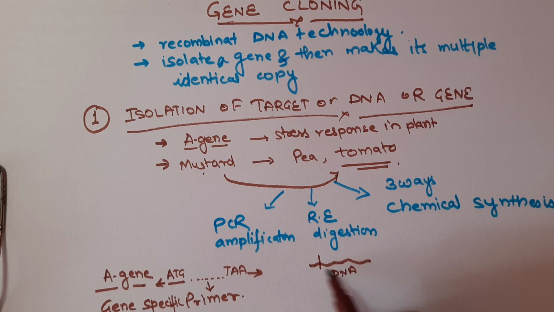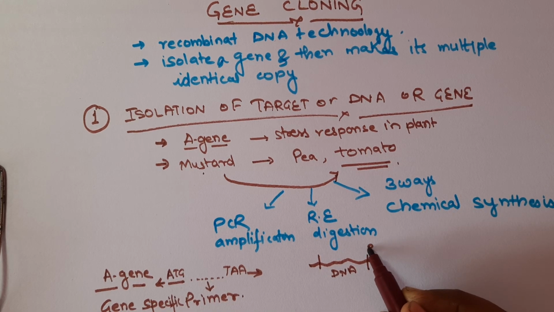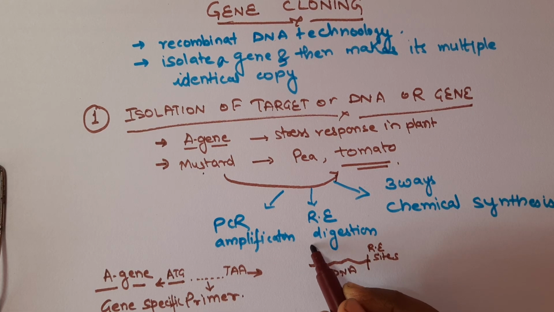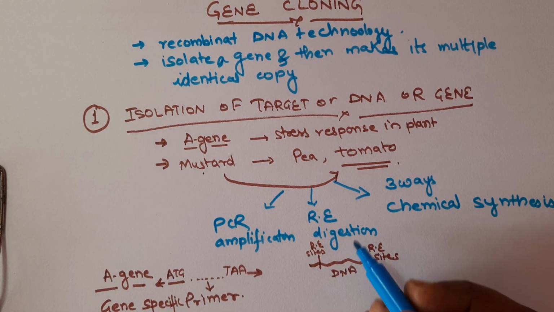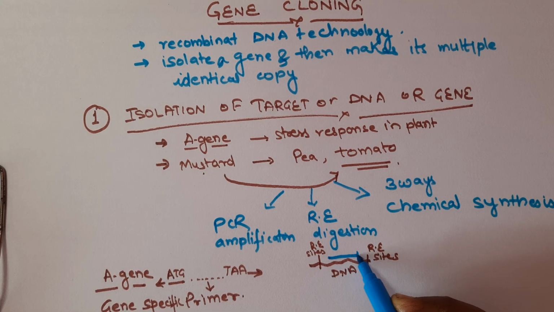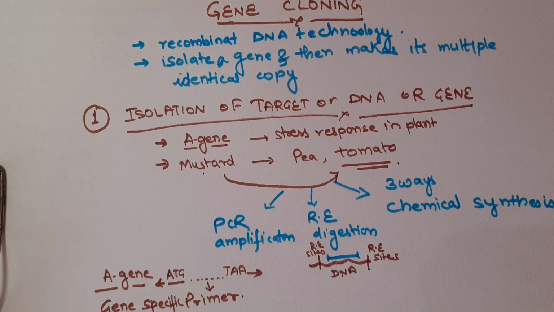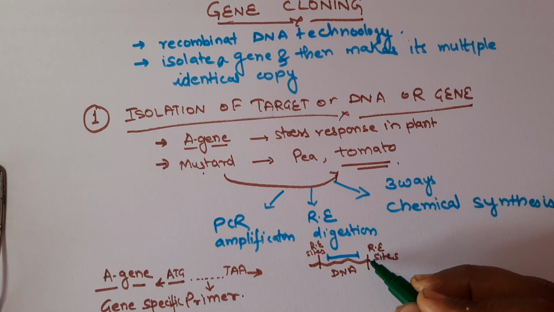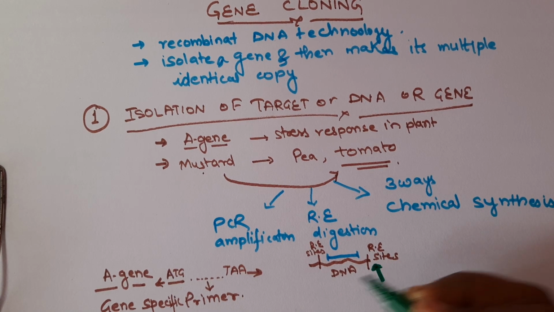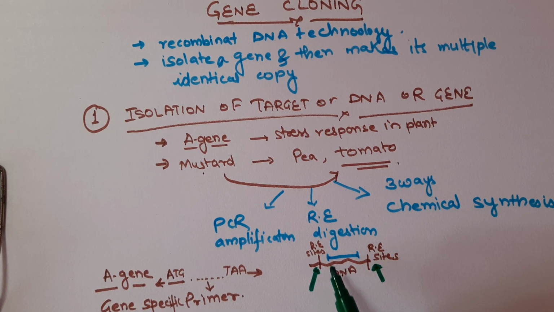Now we have here restriction enzyme sites, and our gene of interest is, suppose, in this region. So I will just cut the DNA segment using the restriction enzyme, so that I will have this DNA segment that contains the gene of my interest.